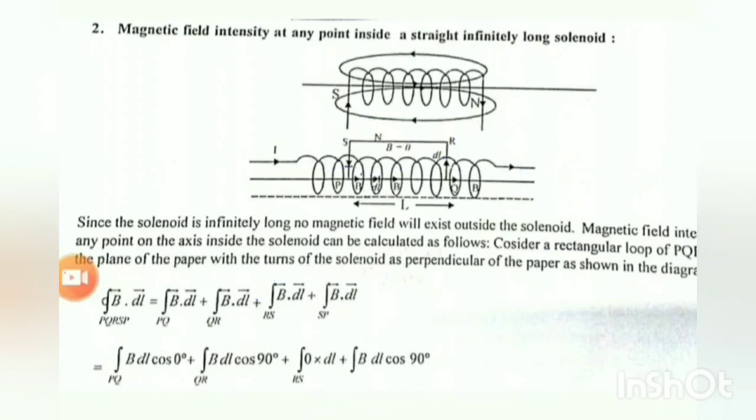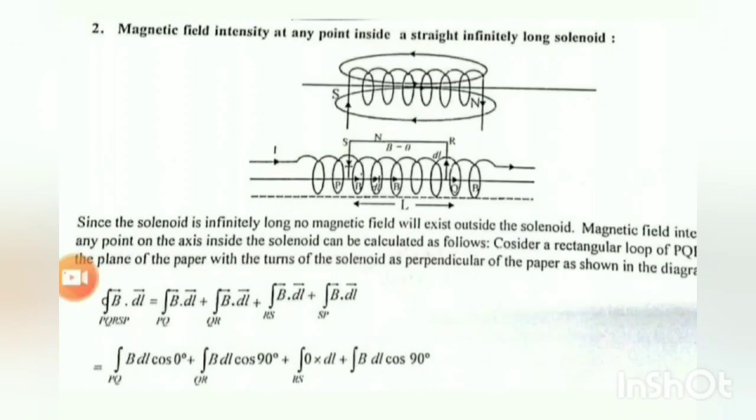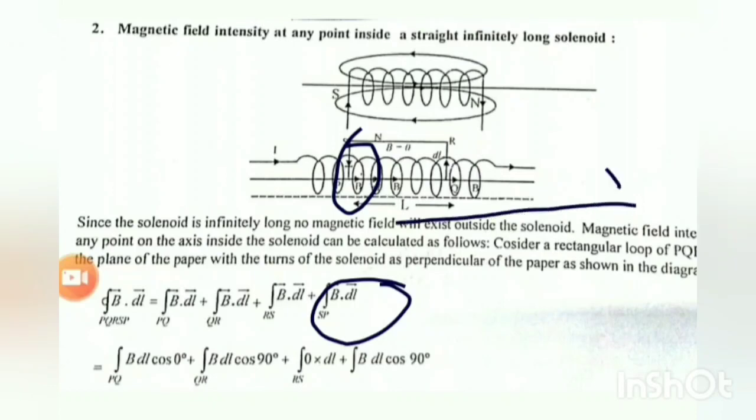Now we will talk about the side SP. This is the side SP. Again magnetic field is pointing in this direction and SP is pointing in this direction. So angle becomes 90 degree.